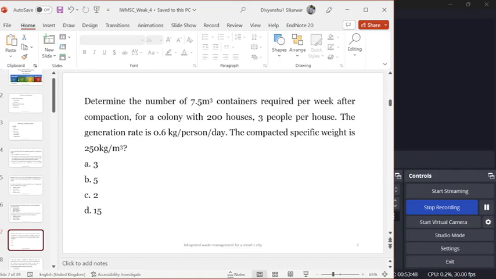So if we multiply 600 with 0.6, it will give us around 360 kgs per day. And we need to calculate for 1 week. So 360 into 7 will give us 2520 kgs per week.